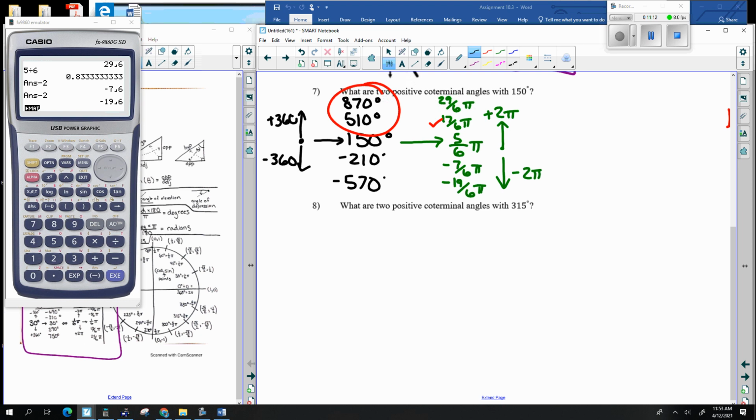Okay, here we go. So here they present us with 315 degrees. All right, so that is the same thing as saying 315 divided by 180, 7/4. Okay, here we go. Let's add circles to it. And let's take circles away from it.